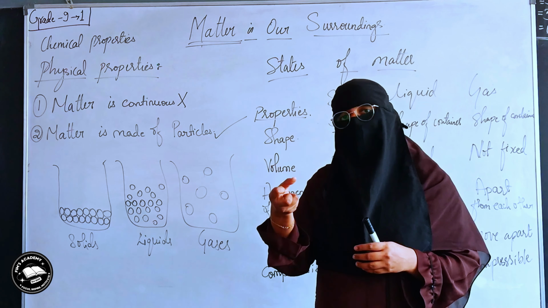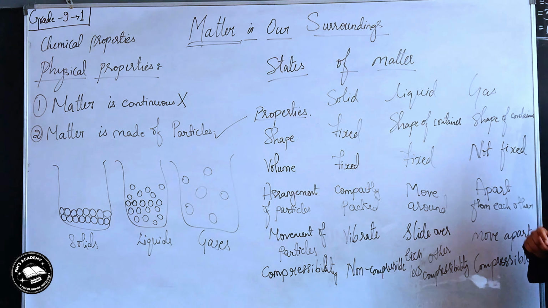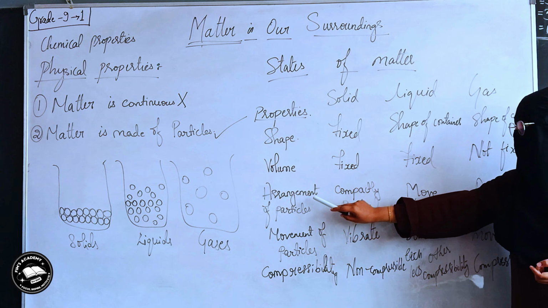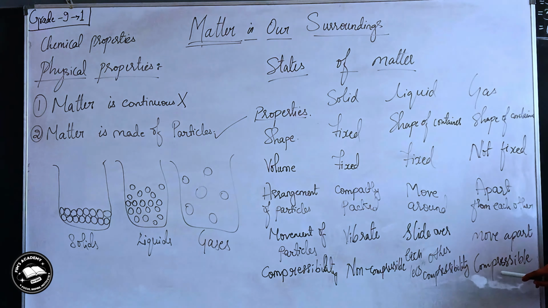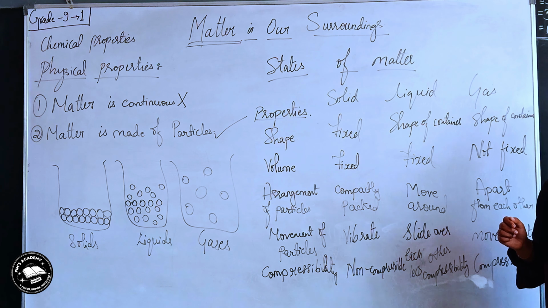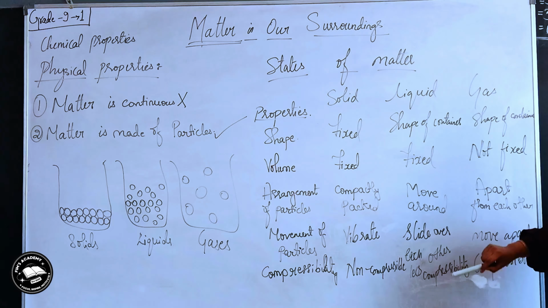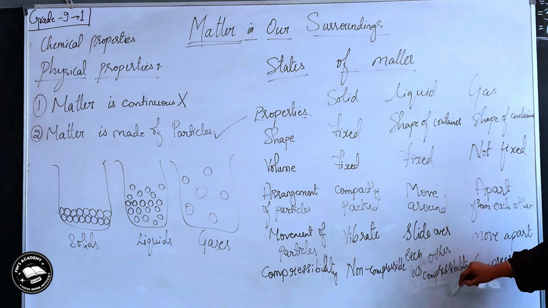Now if I try pressing, it will be easy for me to press the gas. The reason is, the gas molecules are apart from each other, and that's why they are very much compressible. I can compress the liquid also, but I have to apply a little more force compared to gas, because liquids are compressible but less compressible.